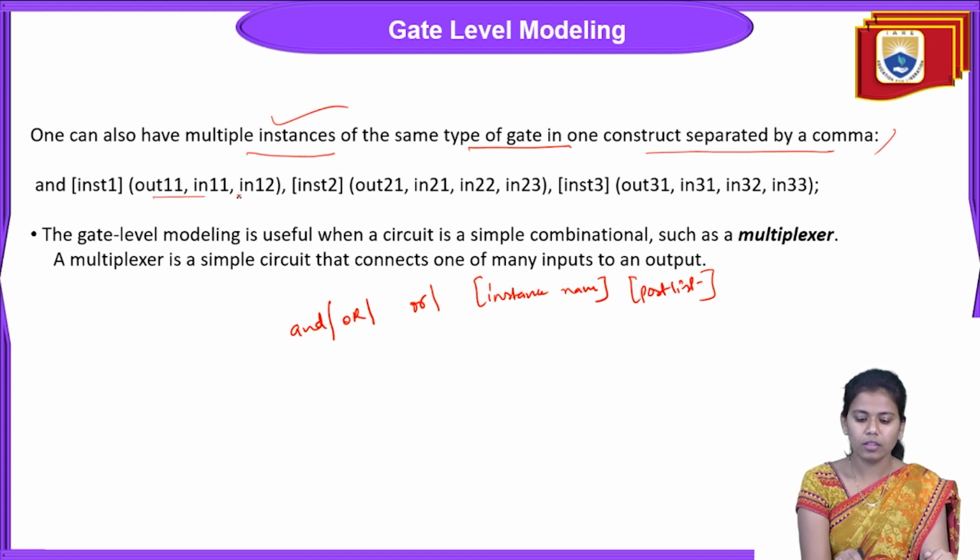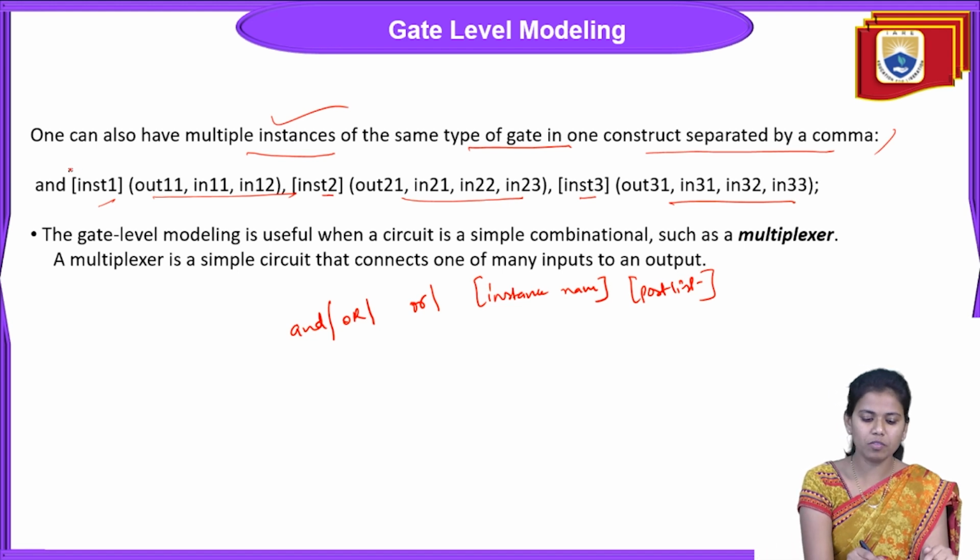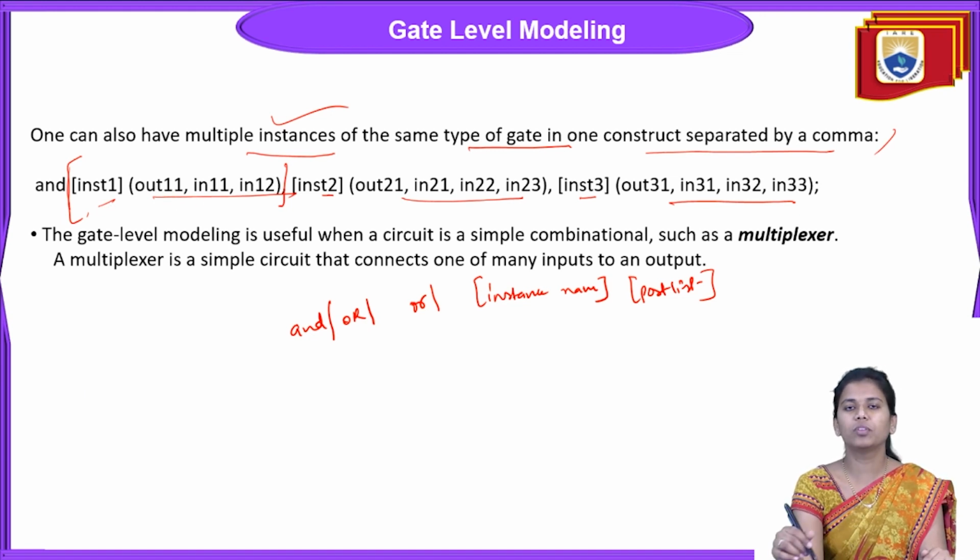Instance one has the output port of the first instantiation, and this is the second output port, third for the port list. When you observe this particular instance one, we represent it with the gate name along with the port list. You are considering 3 instances here, right?